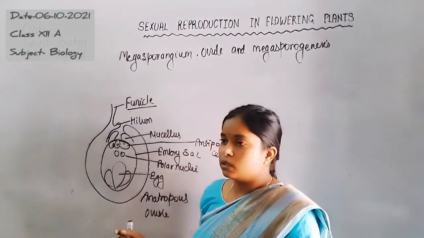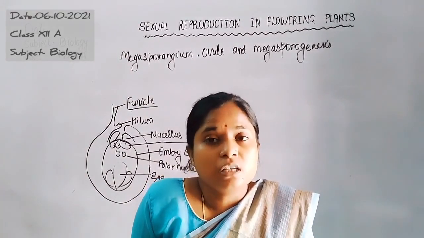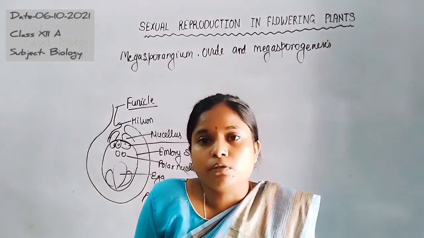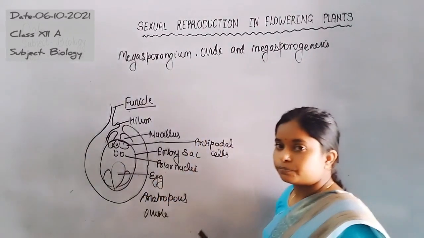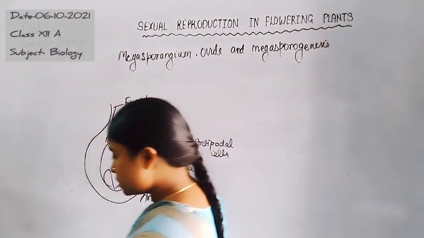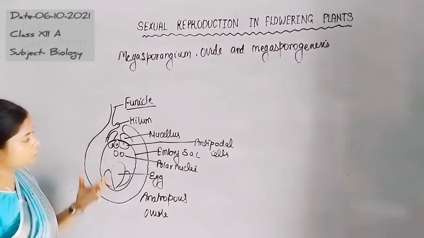In this process, the formation of egg, synergid, antipodal cells and polar nuclei, all these types of cells, occur inside the embryo sac.